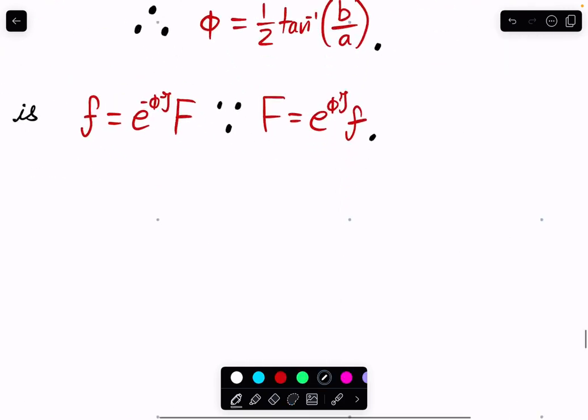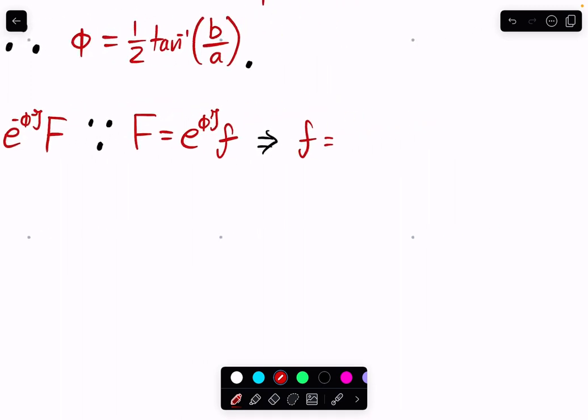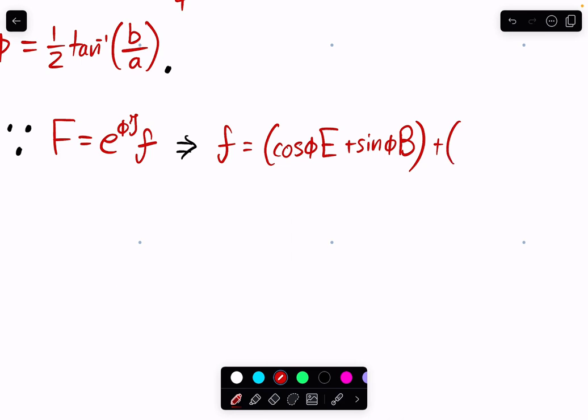And this implies that F here is equal to cosine phi E plus sine phi B, and plus cosine phi B minus sine phi E times the pseudoscalar.